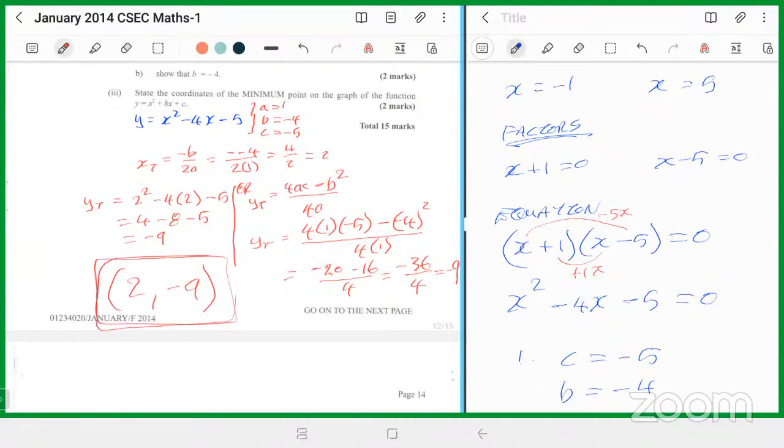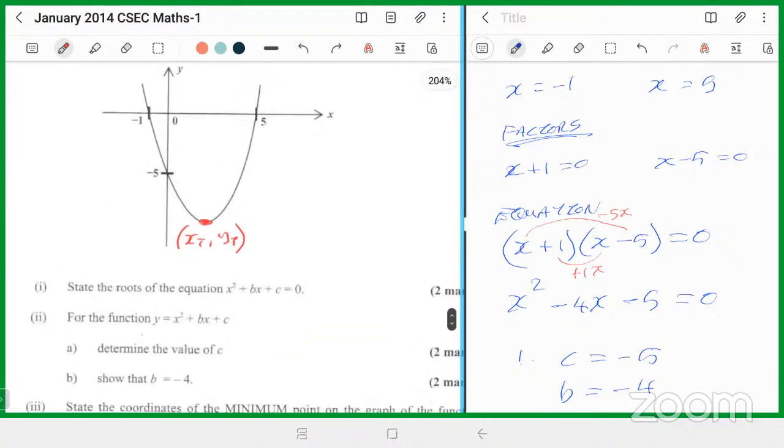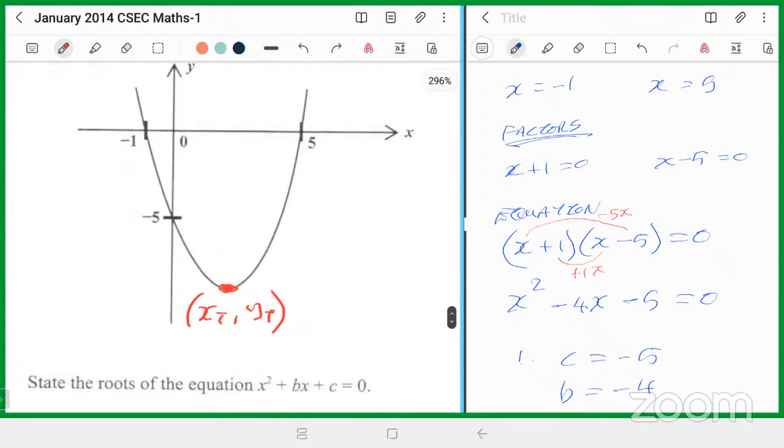That is the answer. But I want to show you another way to calculate xt in particular when you know the roots. And let us remember this one now, right? Now xt, remember, right down the middle here, on the x-axis right here, is that xt value. Remember, this is the line of symmetry.